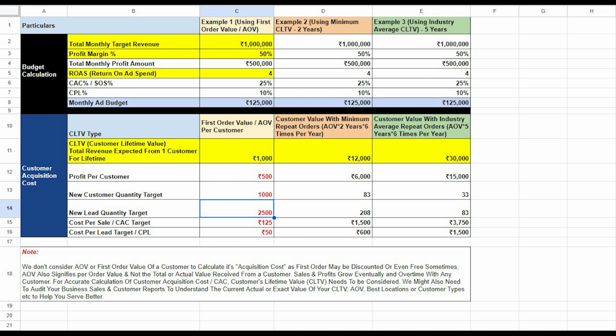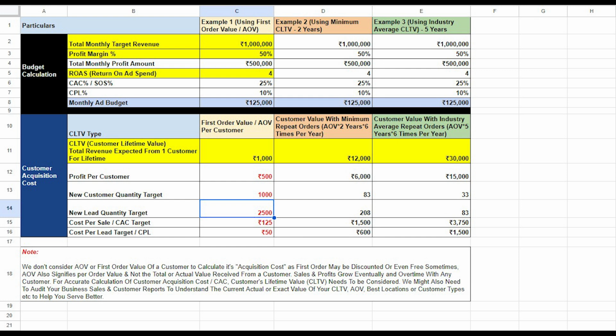That's an ongoing process, and that is all we are working towards, to increase our sales and returns. But to start with, I think 3 to 4 times returns is a good figure. So that's how you calculate a CAC percentage, or if I have to say, spend on sale percentage, of 25%.